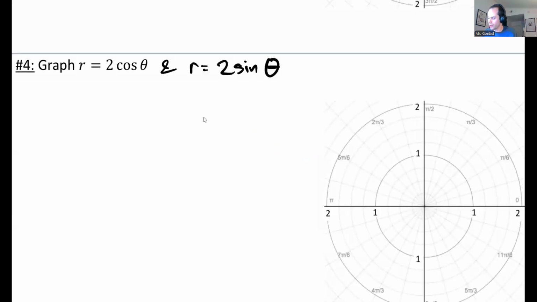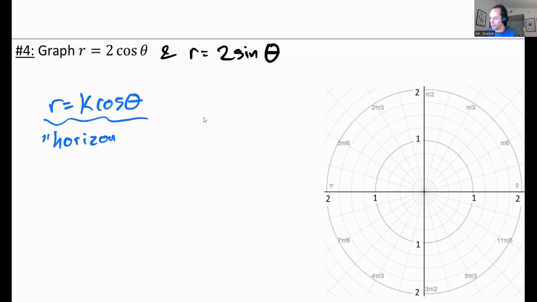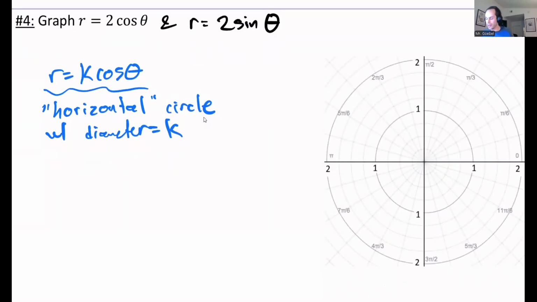All right. So as we were saying, these are both circles, okay? So let's start with the first one. R equals 2 cosine theta. Here's what I'm going to say: not just 2 cosine theta, but R equals K cosine theta, where K could be any number. This is what I like to call a horizontal circle with a diameter equal to K. So over here on the graph, 2 cosine theta is going to look like a circle with a diameter of K, or in this case, 2.